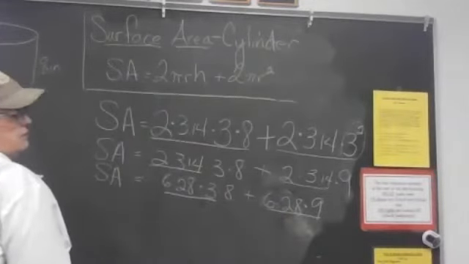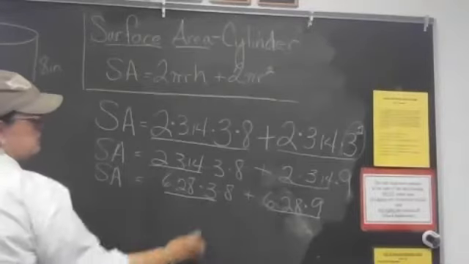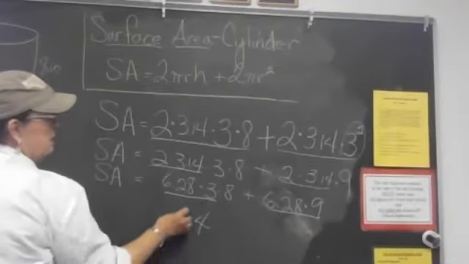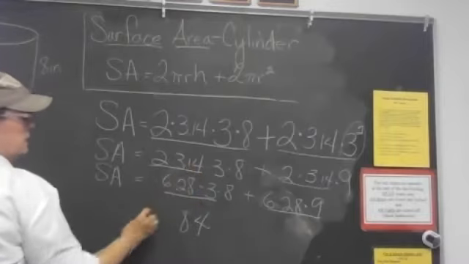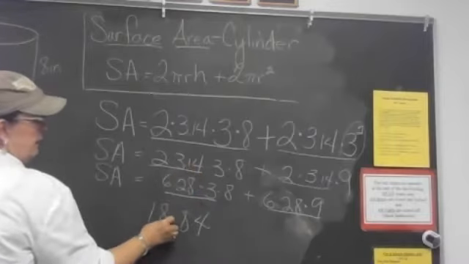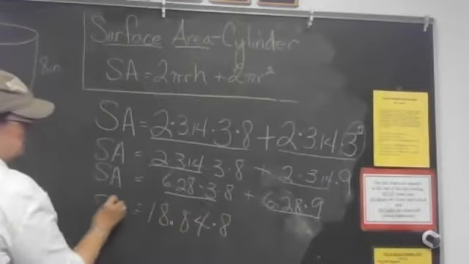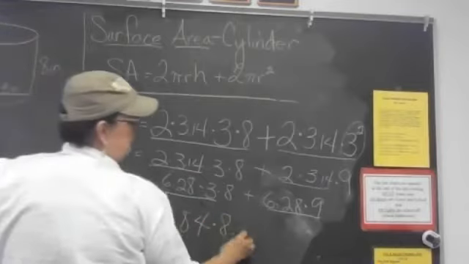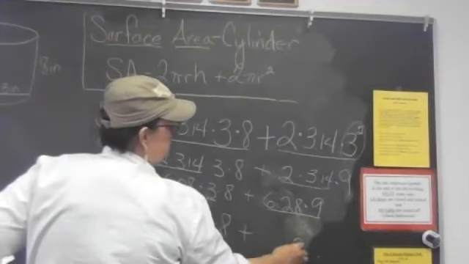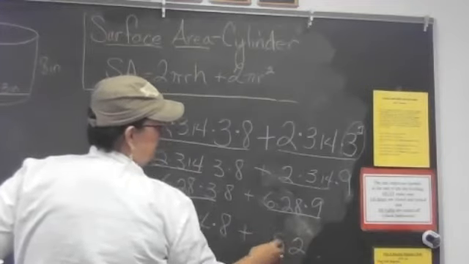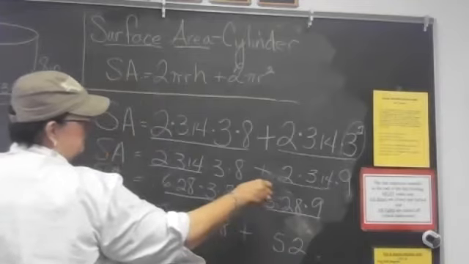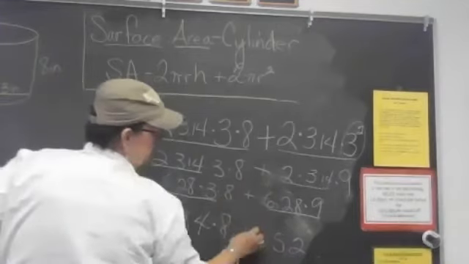So 6.28 times 3 is 18.84, times 8, plus, let's do this, 72, 25, 56. Am I correct?